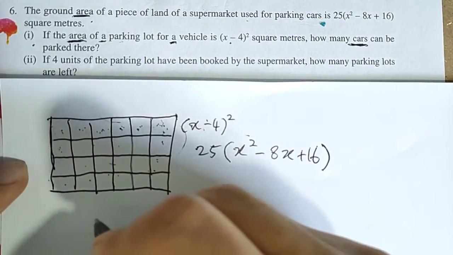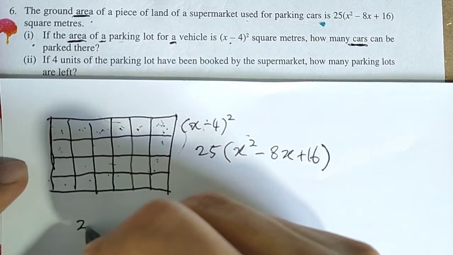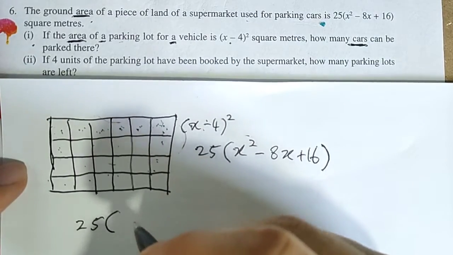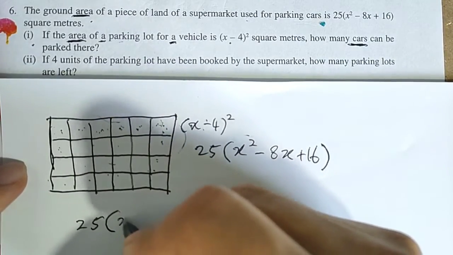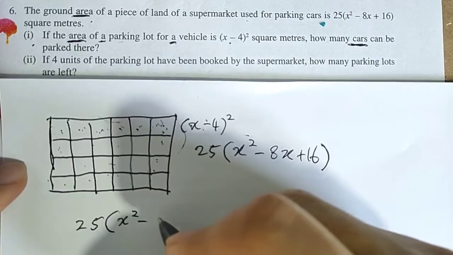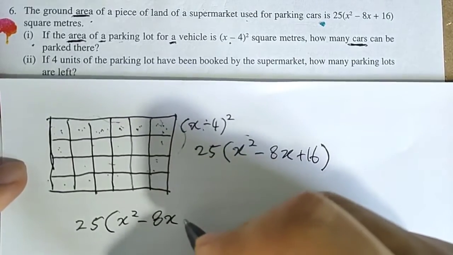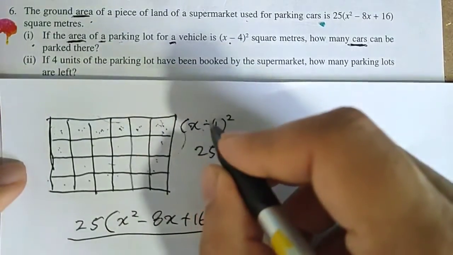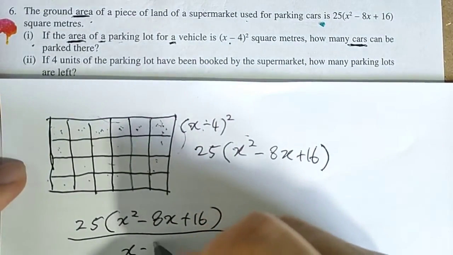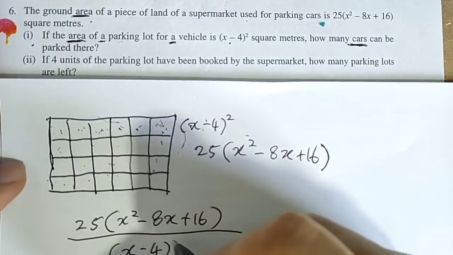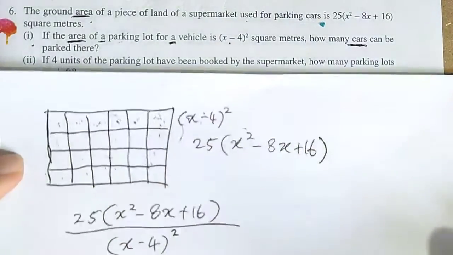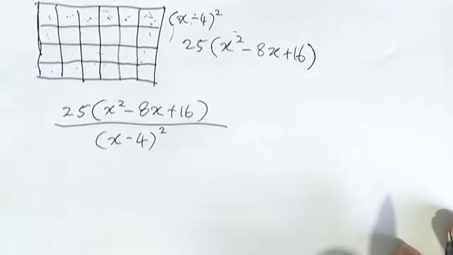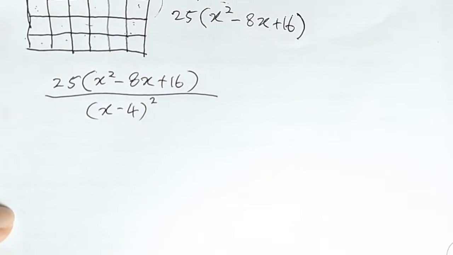Now we do some arrangement of the algebraic form, and we take the big area and divide by the small area. It is very clear.